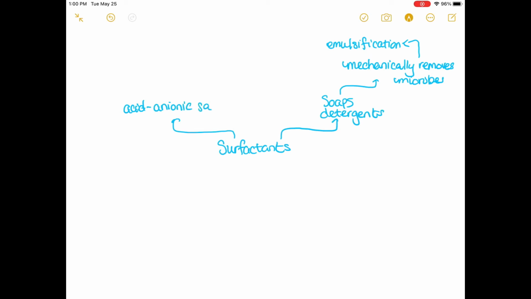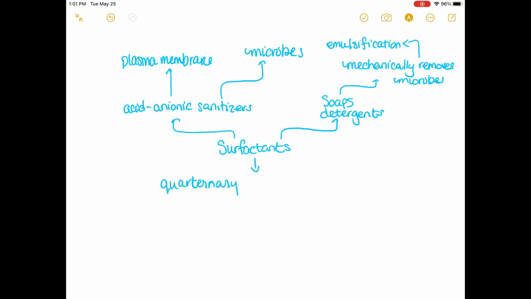This sanitizer is a mixture of phosphoric acid and a surfactant. It reacts with the plasma membrane because of the negative charge of the sanitizer. They work against a wide range of microbes, including thermoduric bacteria.